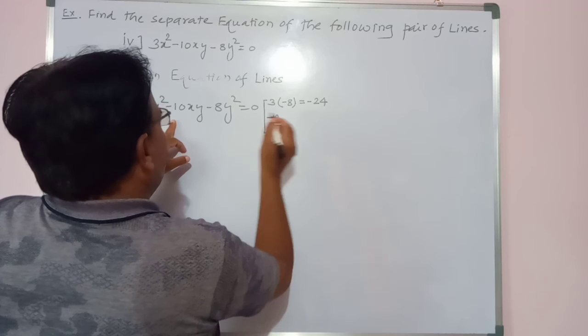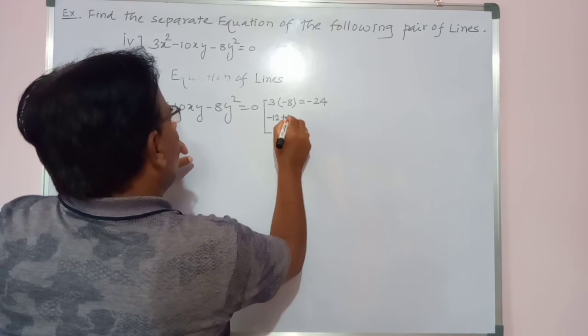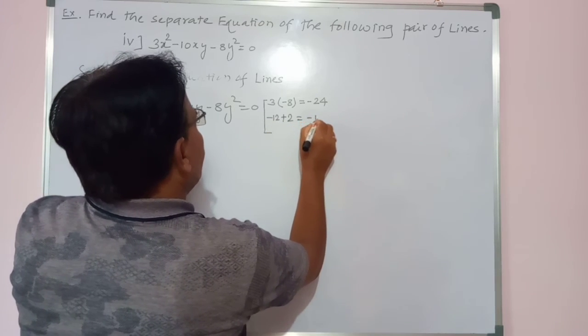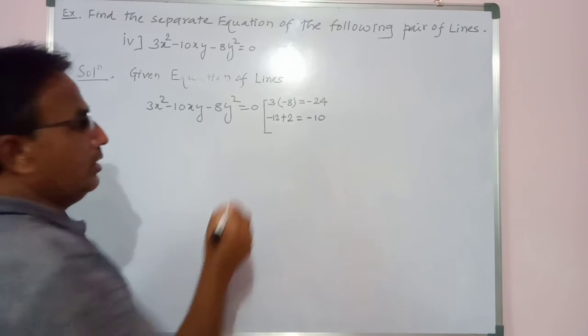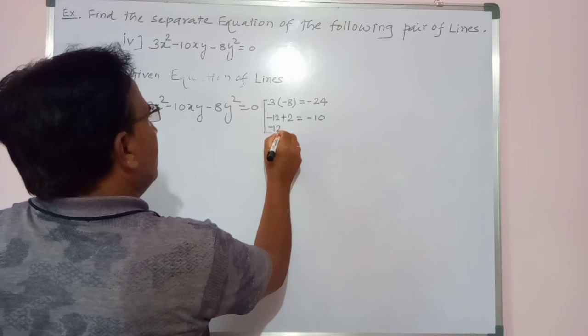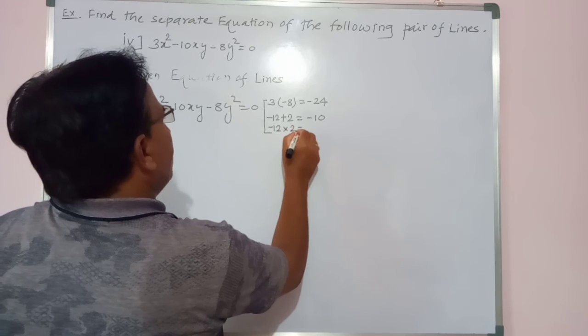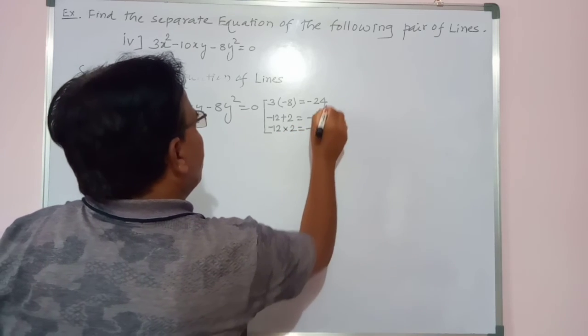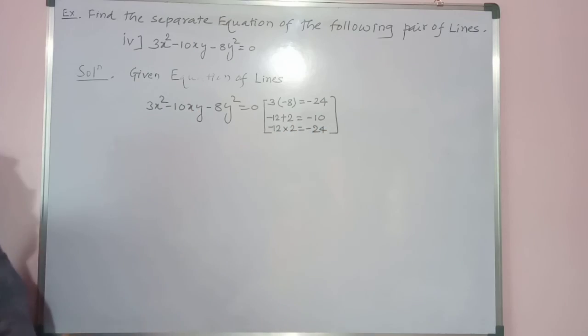The addition is −10, so the two numbers are −12 and +2. This addition is −10 and this multiplication, −12 into 2, is −24.